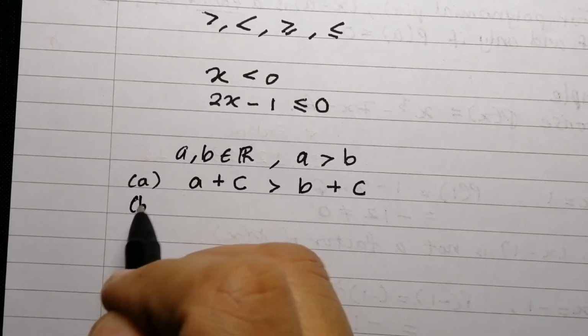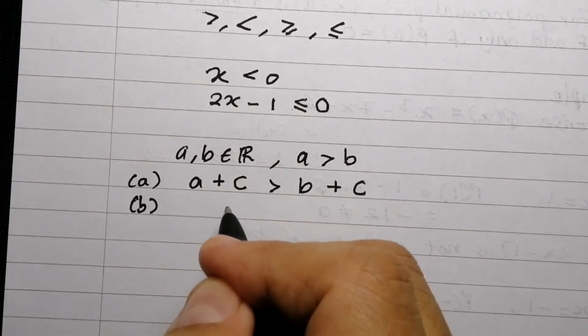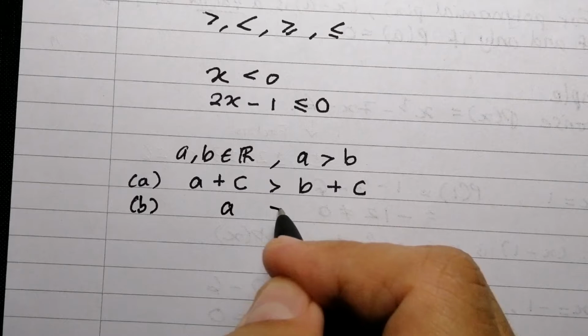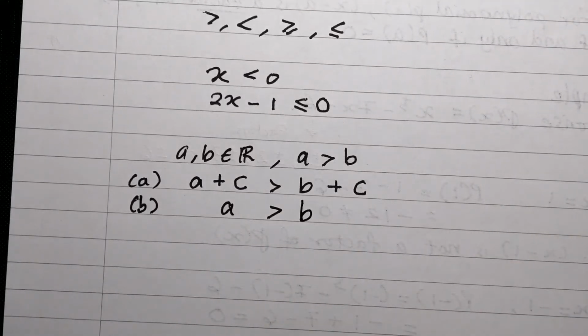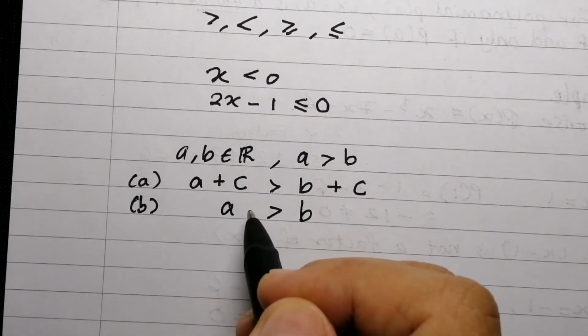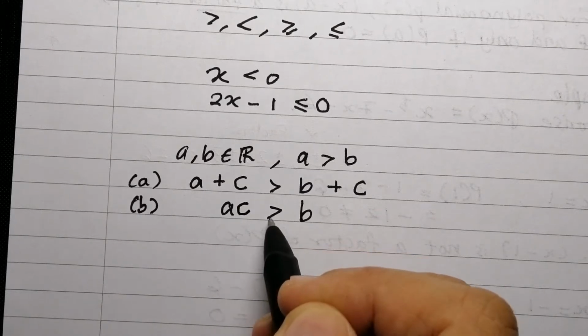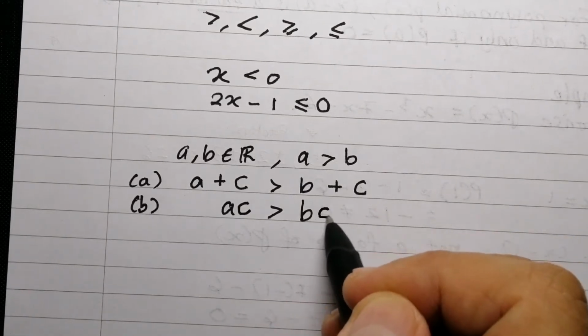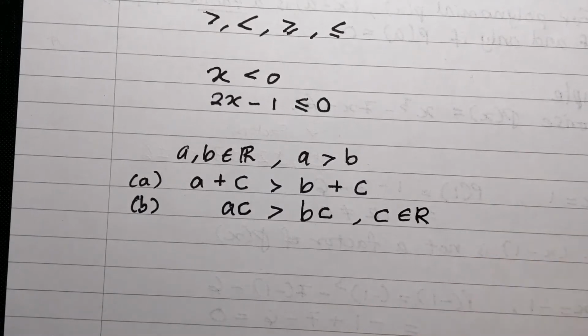Then next, for b, if a more than b, when we multiply by any real number, for example c, then a times c is also more than b times c.